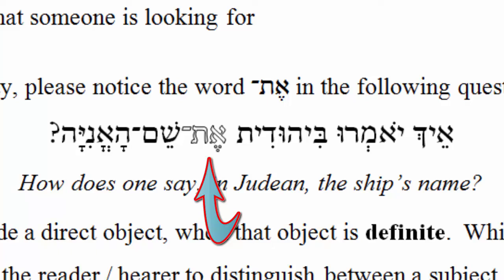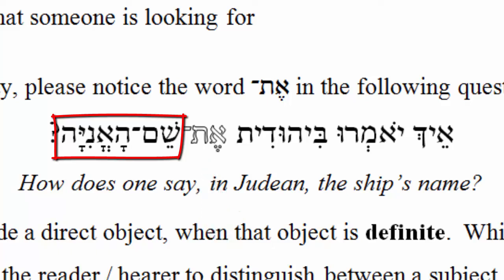It will directly precede that definite direct object. So in the current sentence, shem ha'oniya is a direct object. It is definite because ha'oniya is definite. Consequently, this definite direct object can suitably be preceded by the particle et.